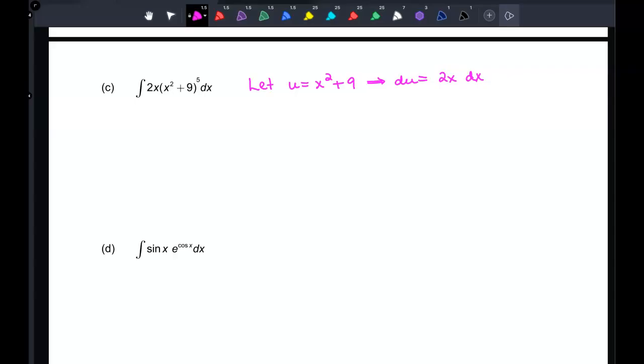Again, I got that 2x and that dx can be replaced with du. So I have the integral of u to the 5th du. Good. u to the 6 over 6. Let's see. Plug back in the original.